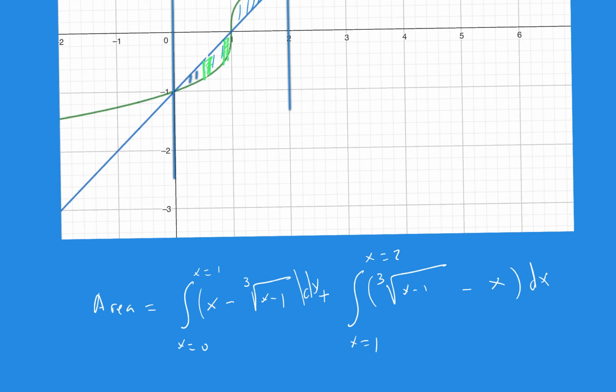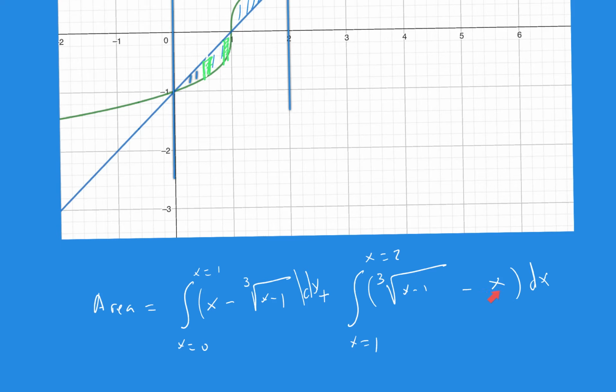But, well, I see that I made a mistake. If you see here, the upper function is not x, it's x minus 1. This rectilinear function is x minus 1. So please correct here and put x minus 1.